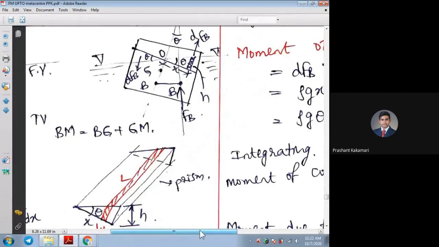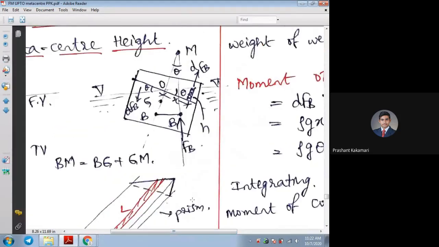So B dash, if you see, it creates one more triangle here. See, B dash and M is a triangle which makes theta angle. So again we'll go back to theta. Again we'll substitute all the dimensions given in the sketch, and again we'll equate with the common terms.